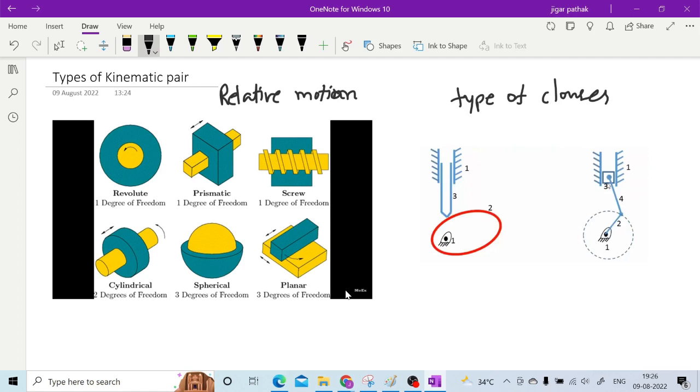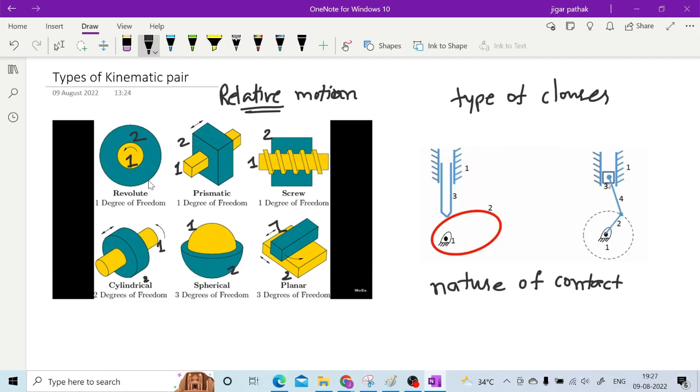If we see one by one, then in the revolute pair you have only 1 degree of freedom. Whenever you have this kind of joint or relative motion between your two links, you can have only 1 degree of freedom, and it is also shown in yellow. You can see that circular motion is provided, so this is the only degree of freedom in this revolute joint or revolute pair.